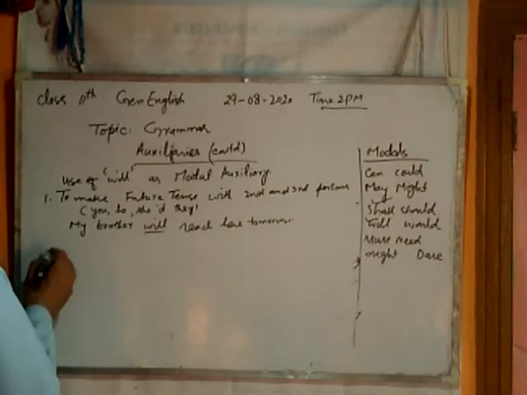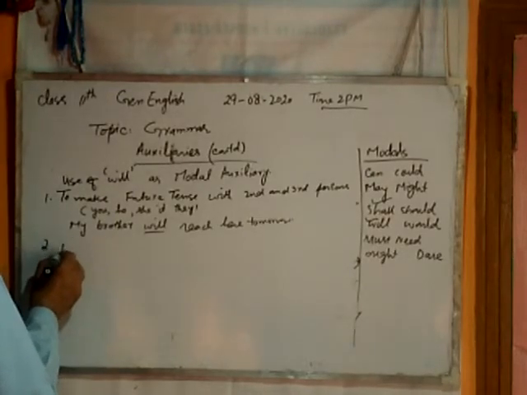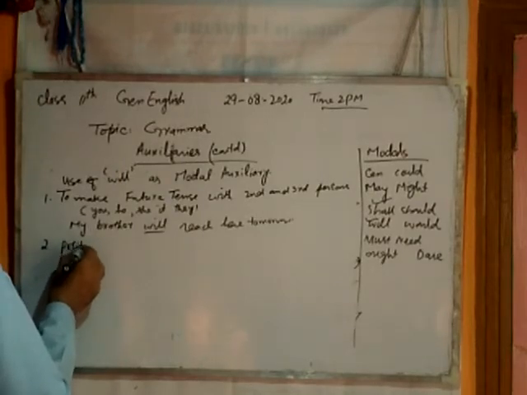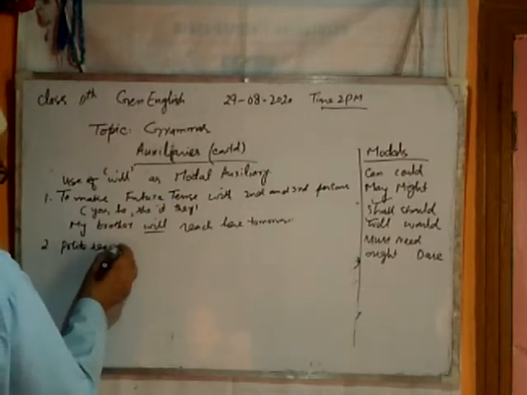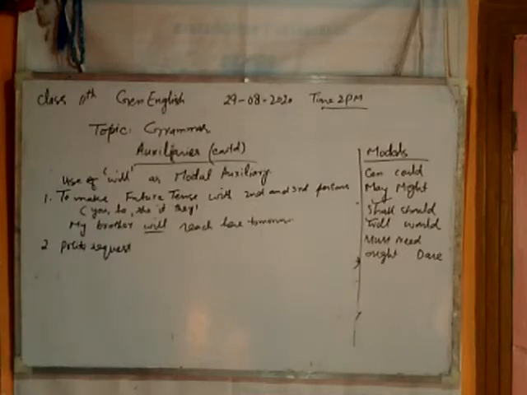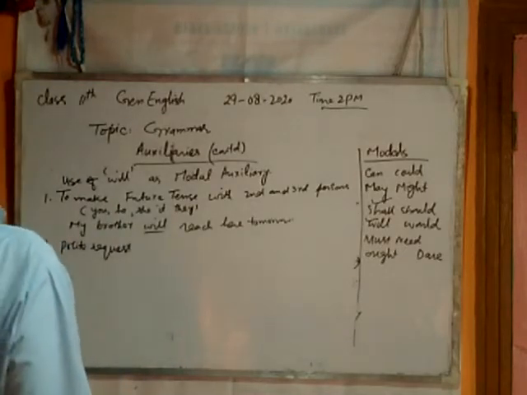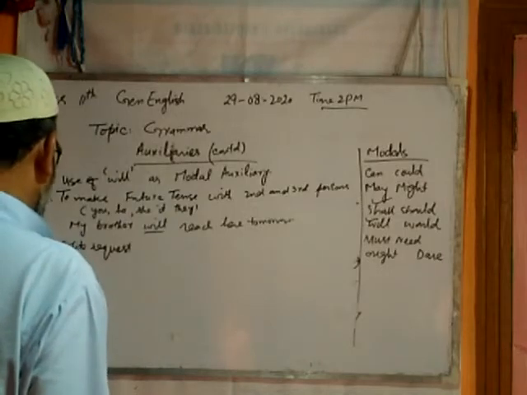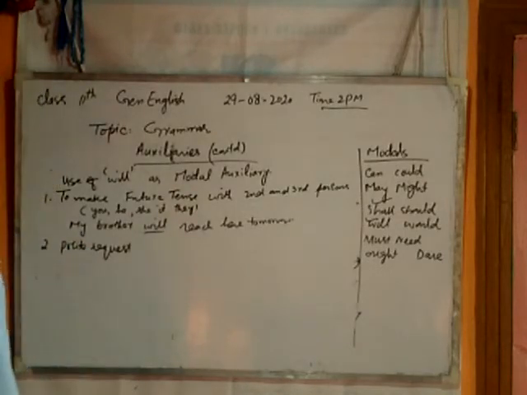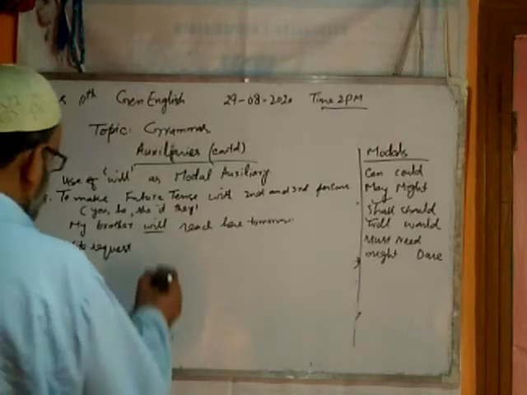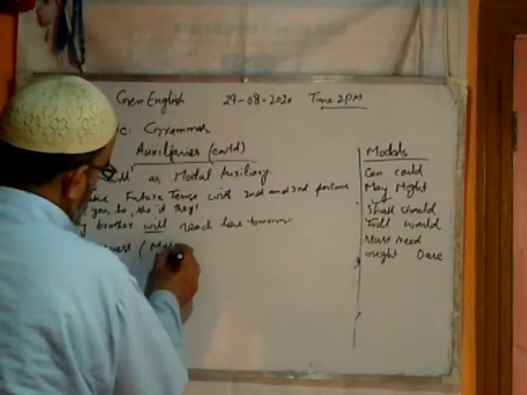Now, second use, polite request, or in Urdu, polite request. In Urdu, शाइस्ता इल्तिजा, शाया गुजारिश, शाइस्ता तौर, मुआजिब अंदाज में. But making interrogative sentences convey this meaning. यहाँ हमें क्या करना है?